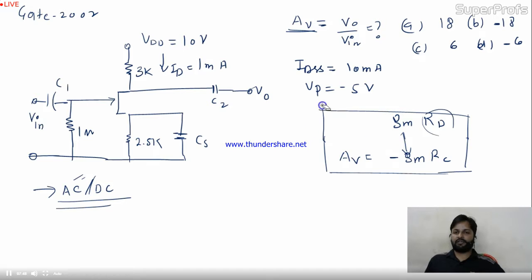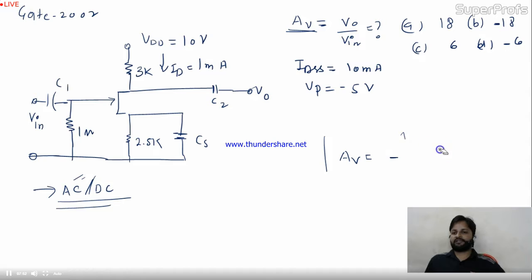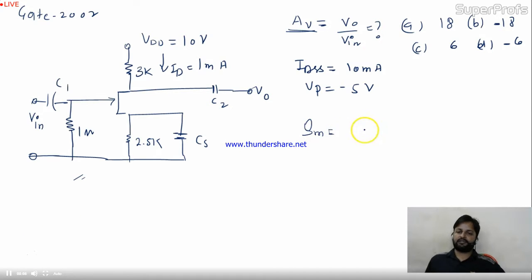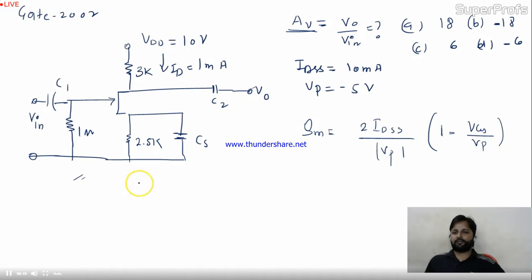If you follow all DC and AC analysis, this will take 5 to 6 minutes, and in the GATE examination we don't have that much time. So friends, for GM we know the ready-made formula. As we have seen, GM is 2IDSS by VP times (1 minus VGS by VP), if you remember this.